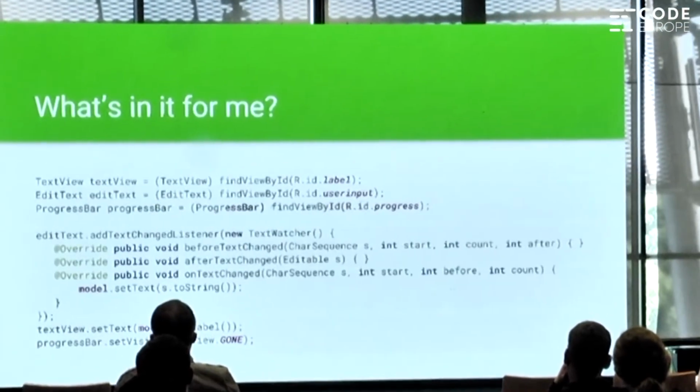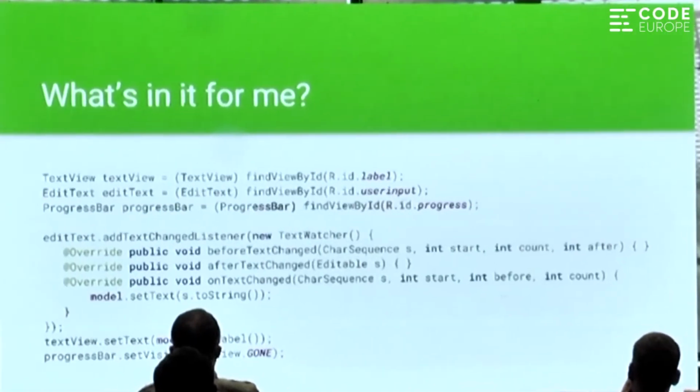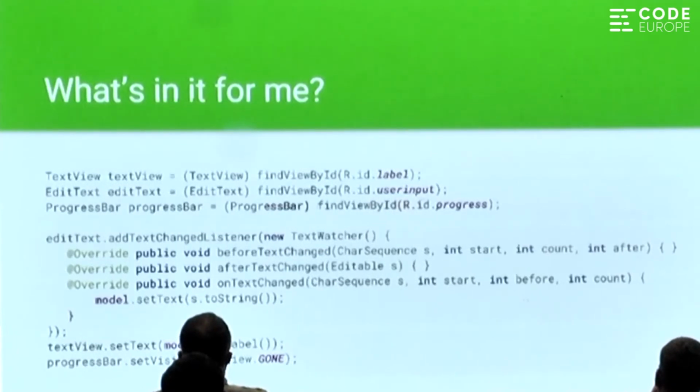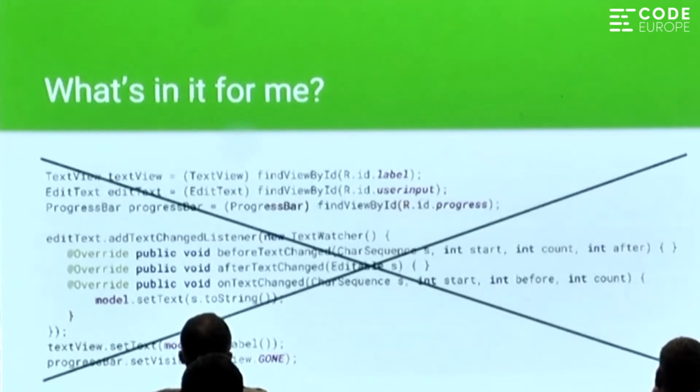So what are the benefits? What do you get from that? We've all been writing this kind of code. Lots of findViewById calls, then all those setters and listeners. Even with tools like Butterknife, this does not really get better. With the data binding library, this is a thing of the past. A binding class is provided at compile time for you, which provides all the views with an ID in the layout as fields.